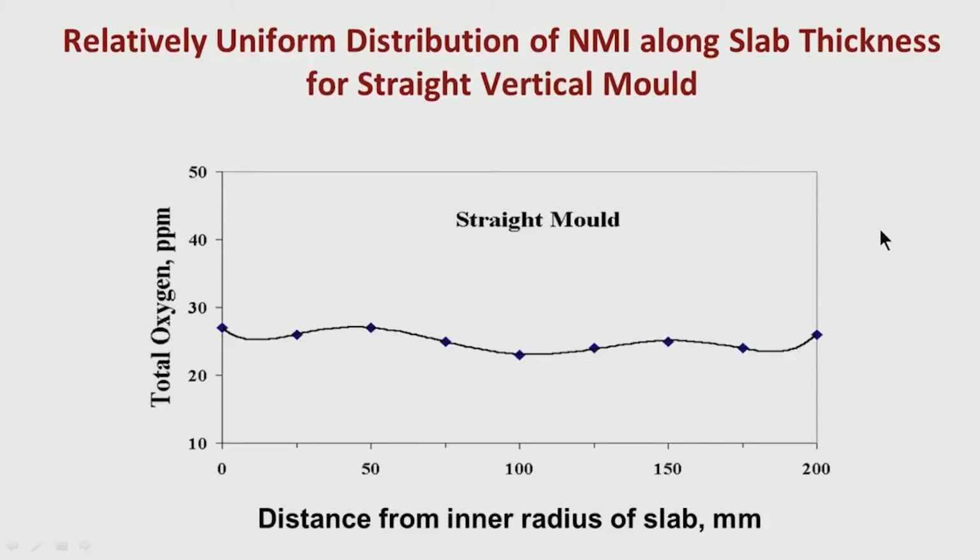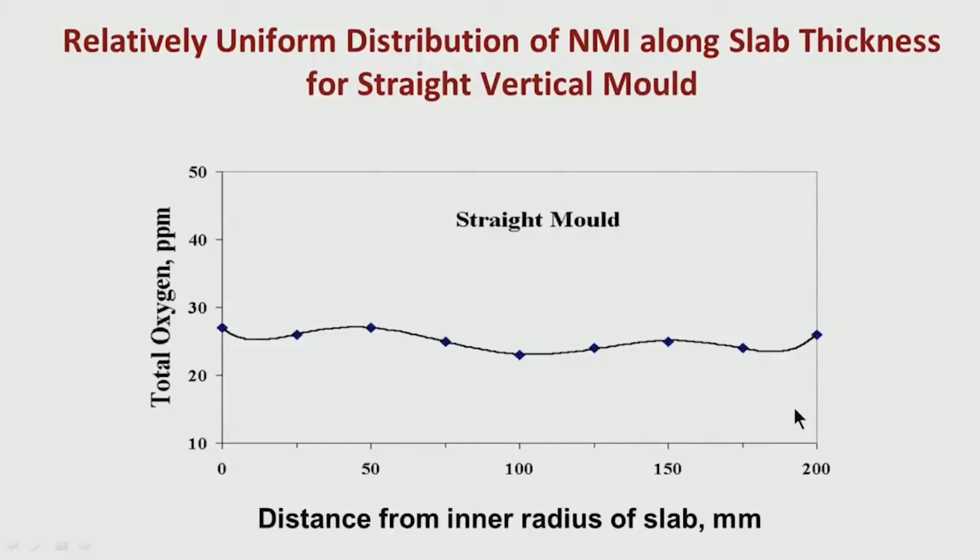Another interesting observation, which you can make out from common sense, is that whatever defects are there in the cast slab, cast bloom or cast billet, the more you process it, the more possibility there is of defects coming to the surface, is it not? Because the surface area is increasing.